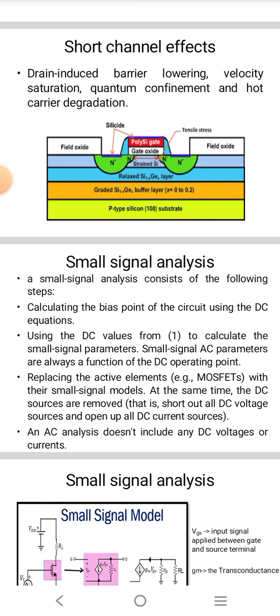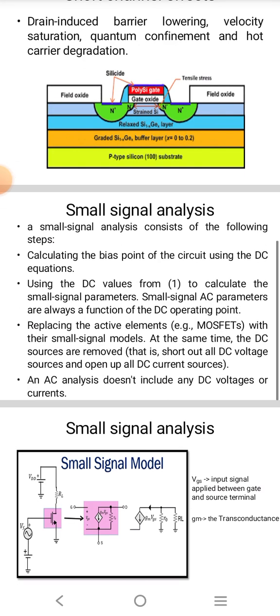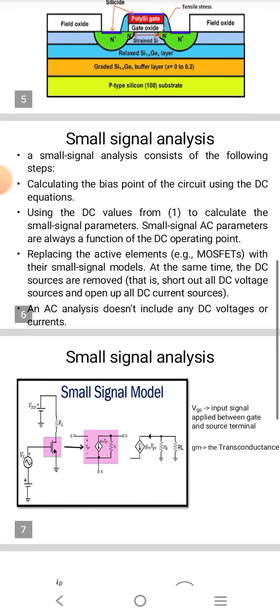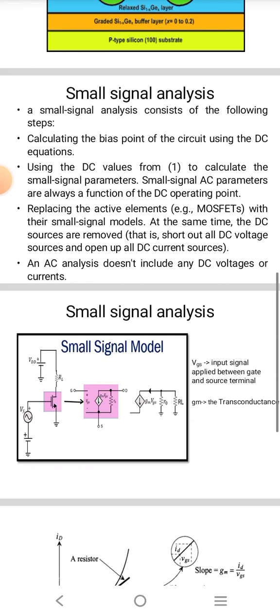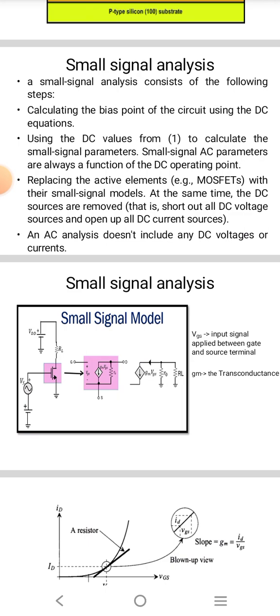The MOSFET has to be biased in such a way that it operates at those biasing points. Once we make the MOSFET operate at that operating point using the biasing circuit, it acts as an amplifier. Once it is biased at a particular operating point, then the AC signal is applied. So what is the small signal model of the MOSFET?